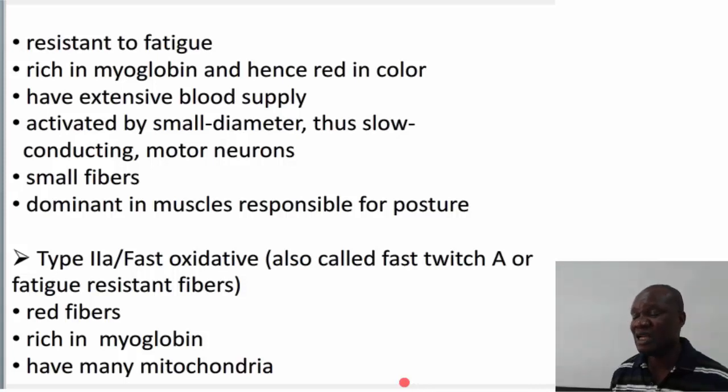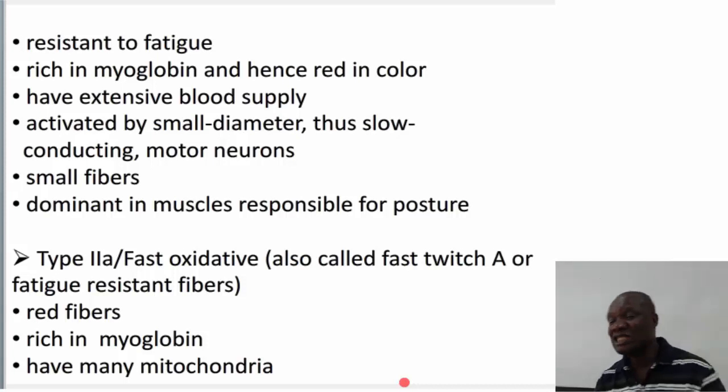These are innervated by neurons which are small in diameter, so they are slow conducting neurons. And the type 1 or slow oxidative fibers are small and they are dominant in muscles responsible for posture.